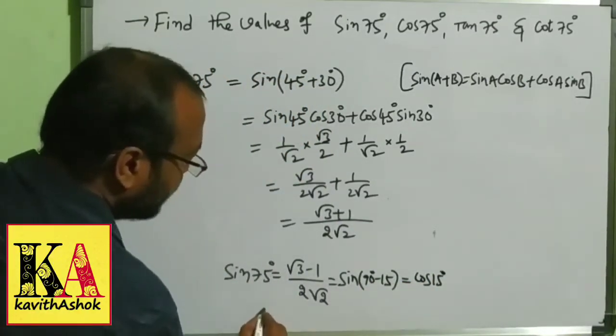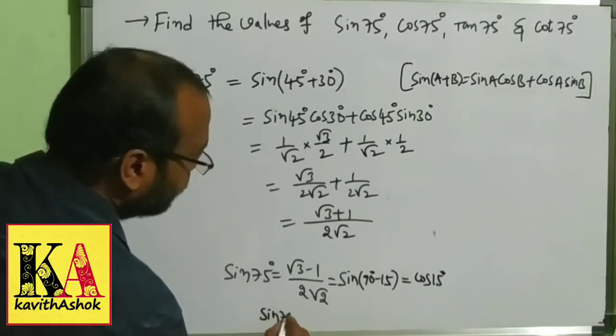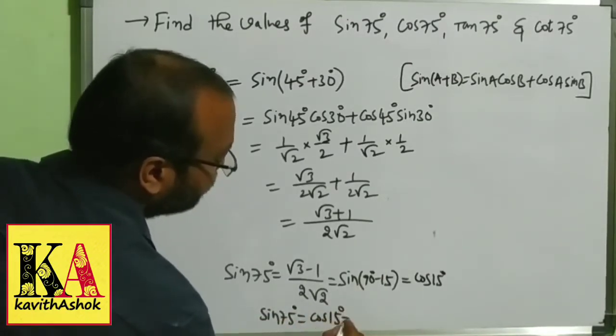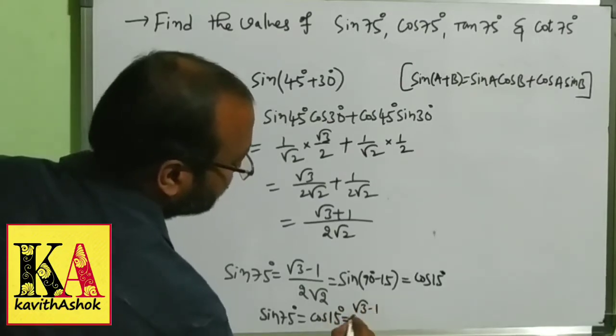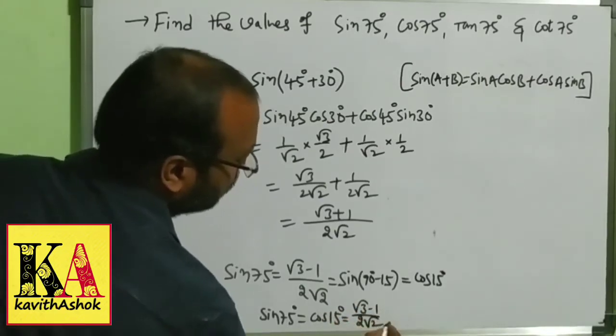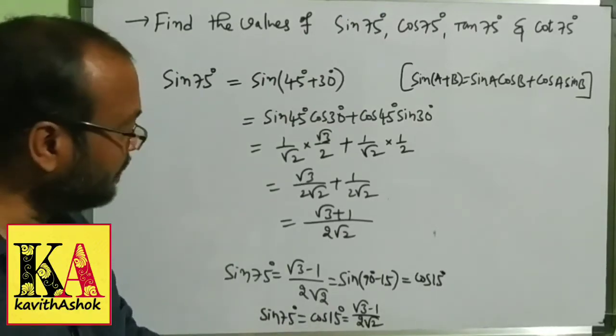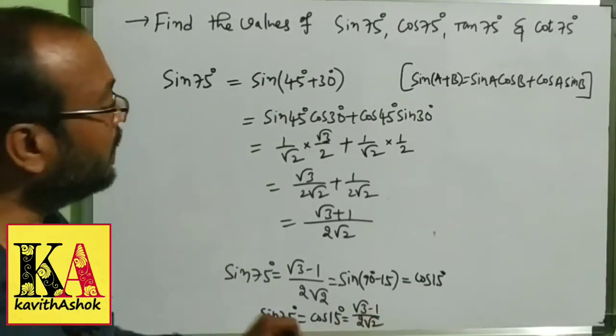Means sin 75 degrees and cos 15 degrees are both equal to root 3 plus 1 by 2 root 2.